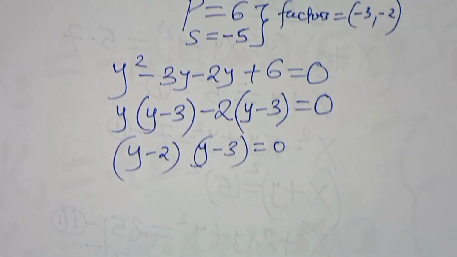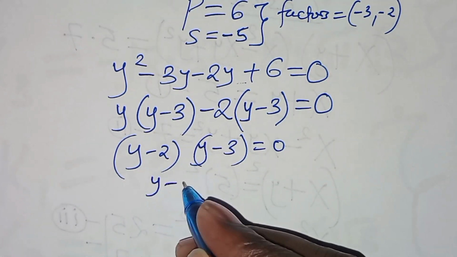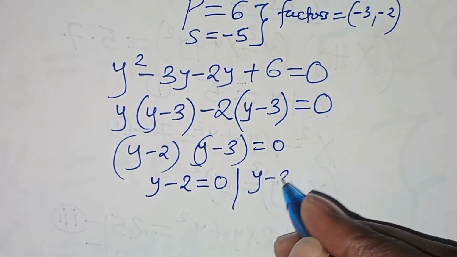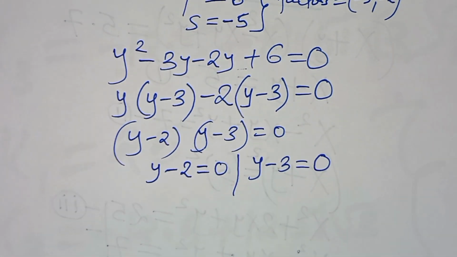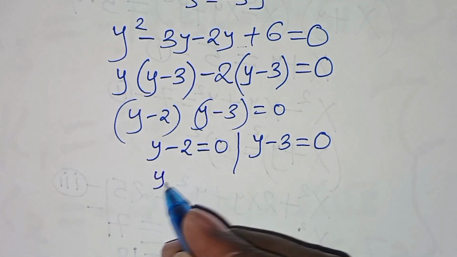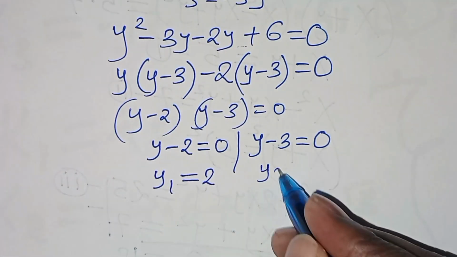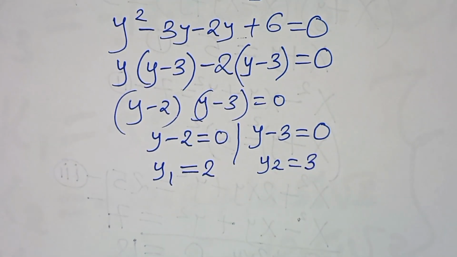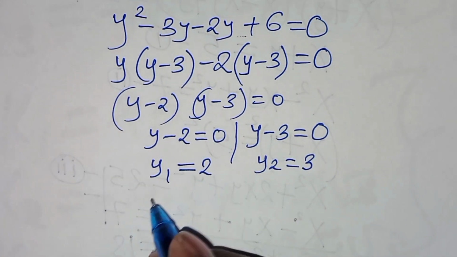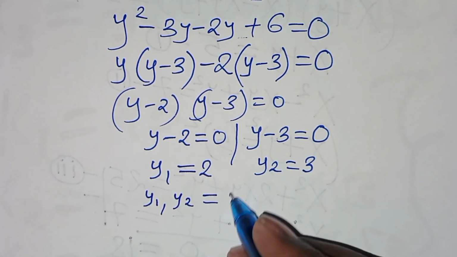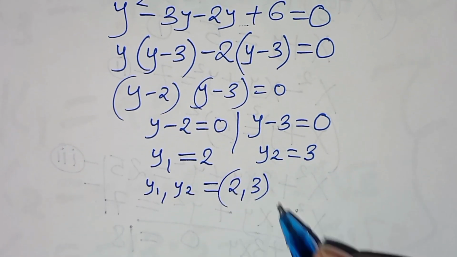This implies we have two parts: y minus 2 equal to 0, and y minus 3 equal to 0. So the first value is y1 equal to 2, and y2 equal to 3. So we have y1 comma y2, which is the same thing as 2 and 3.